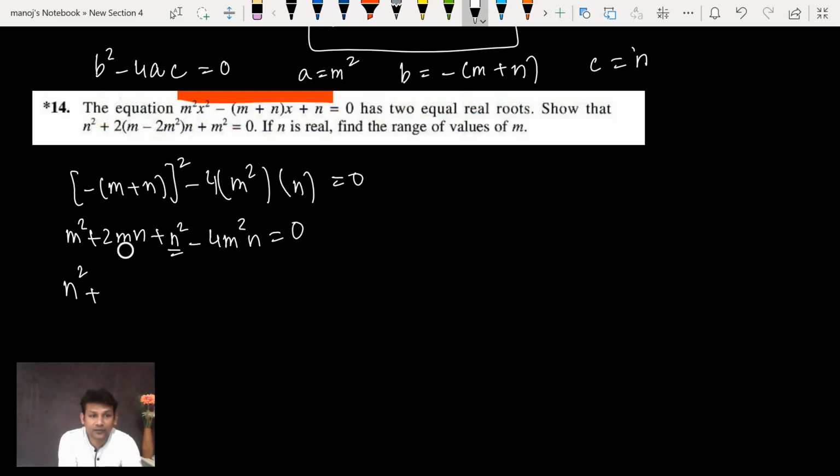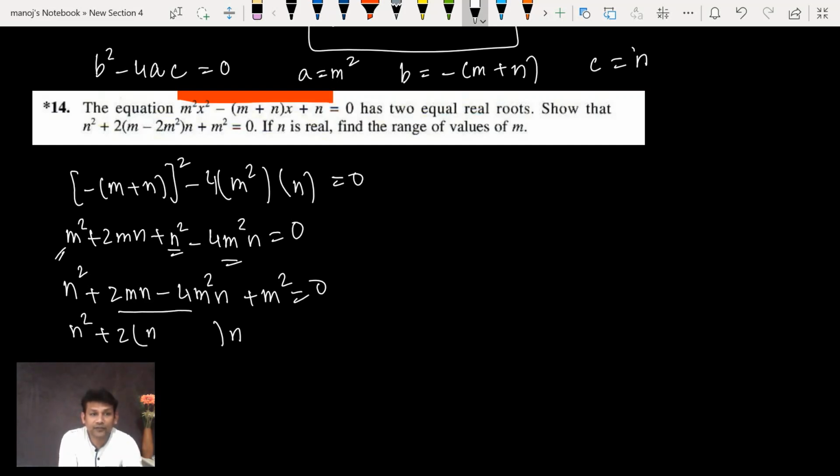Then this 2mn and minus 4m square n part, and I copy the m square at the end. What's common in the middle? 2 is common and n is common, so m is left, minus 2m square is left, and plus m square. That's the first part we have shown, right?